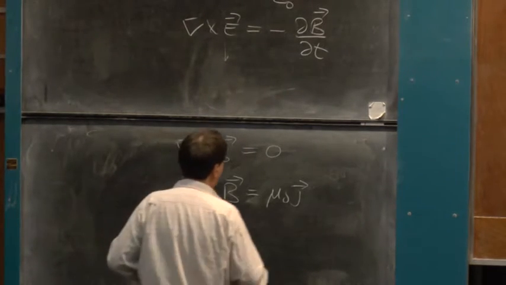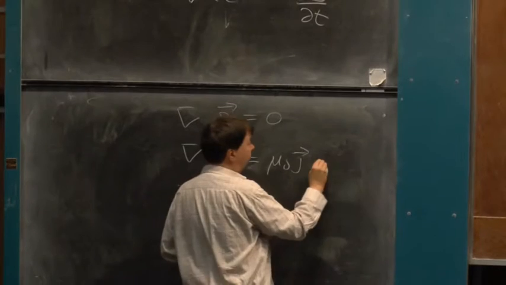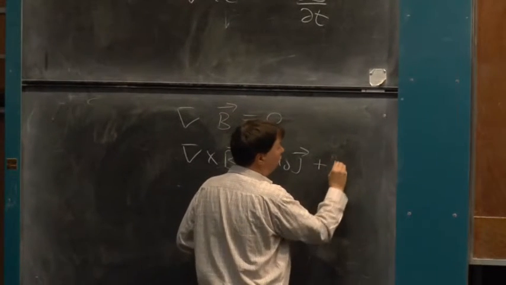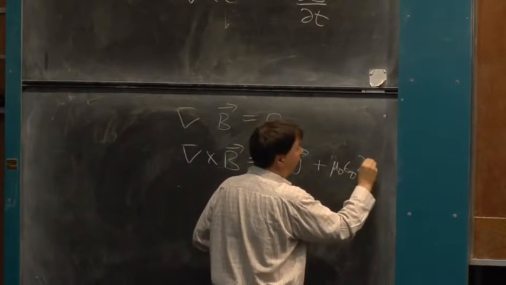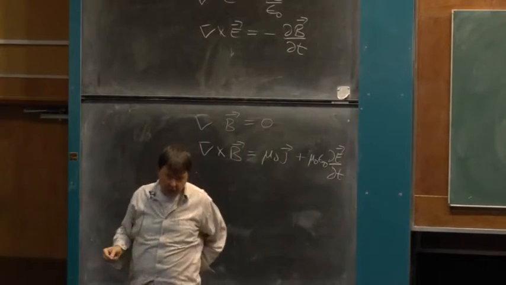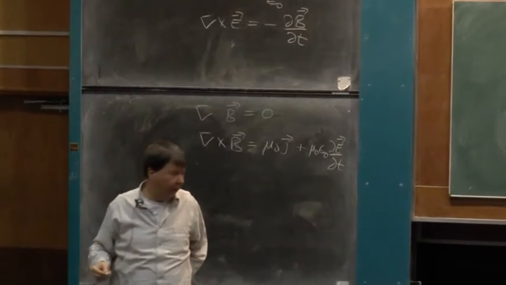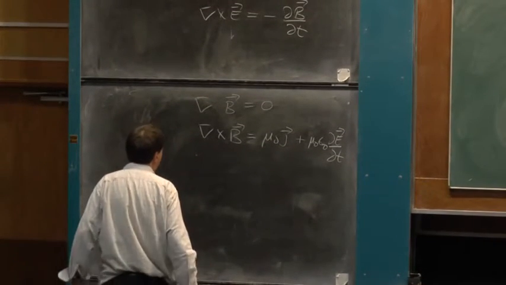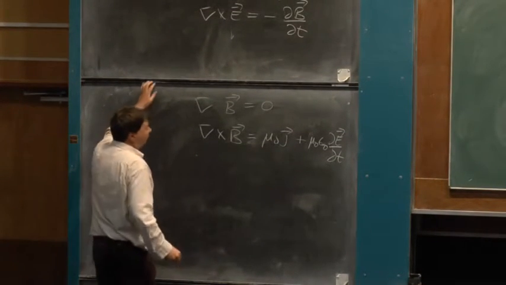And then we saw in the dynamic case that we've got plus mu naught epsilon naught dE by dt. So we're in full possession of all four Maxwell equations now. We've seen how these are really rooted in experimental reality.